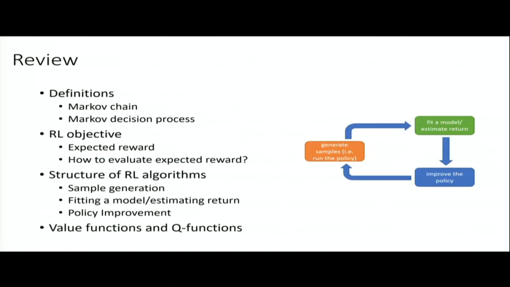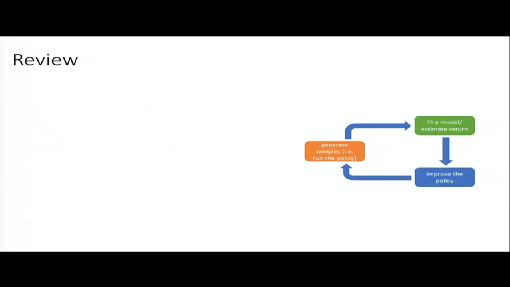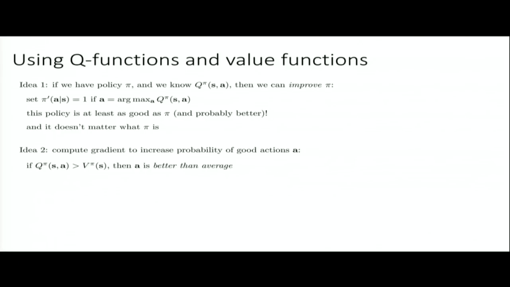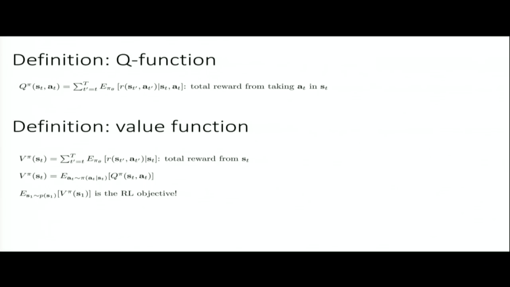Yes? Could you go back two slides to the value function slide? Yeah, the value. OK. This one? Yeah. So like the last line, isn't that overcounting the metric that you actually want?